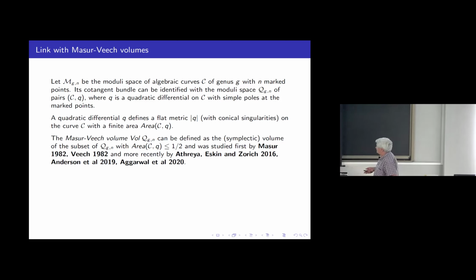But anyway, then you have a kind of tube around the moduli space, right? You take only the part where the area is fixed, and then you compute the volume. You compute it as a symplectic volume because you have a canonical symplectic structure.